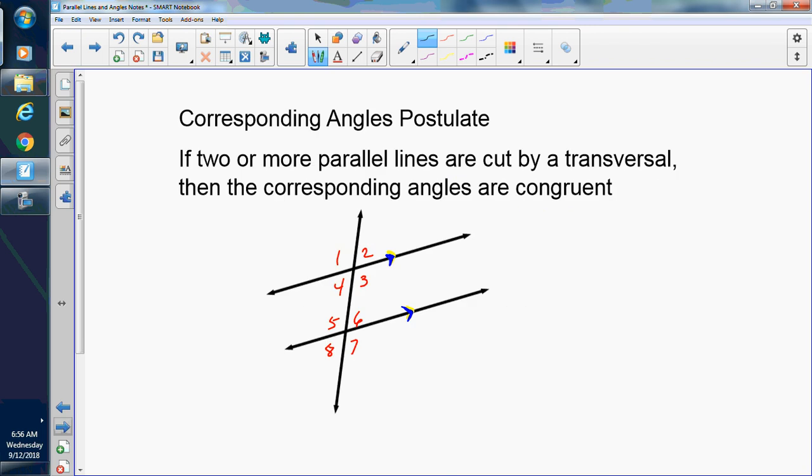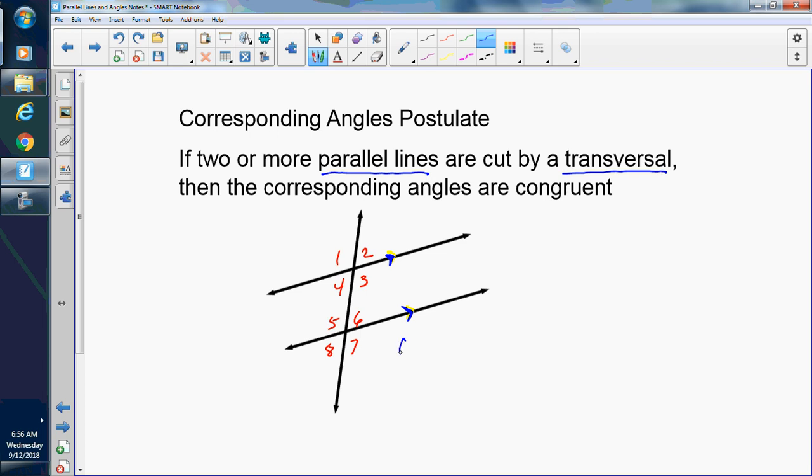All right, well, first off, the corresponding angles postulate. If two or more parallel lines are cut by a transversal. So we need to have parallel lines and we need to have a transversal.